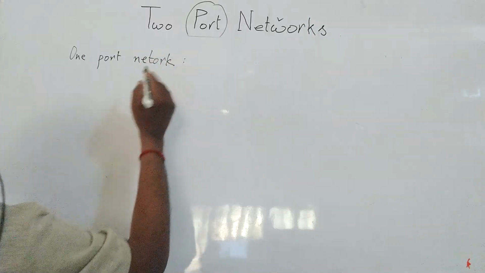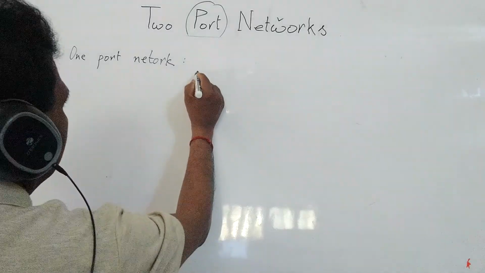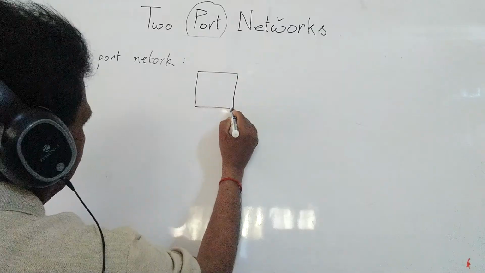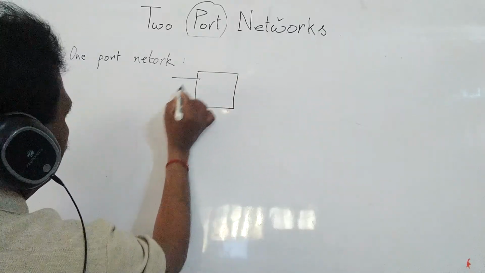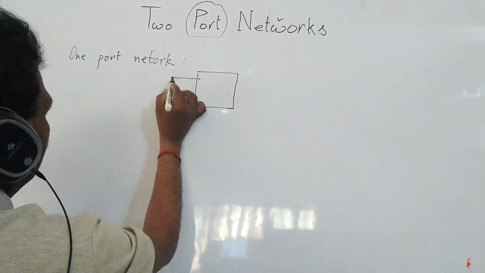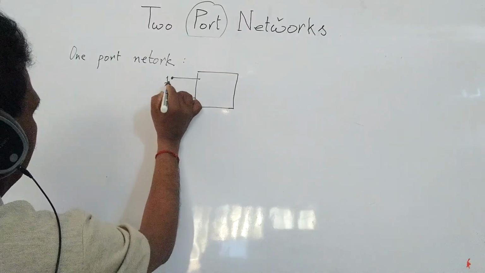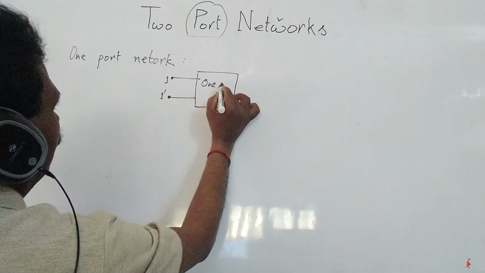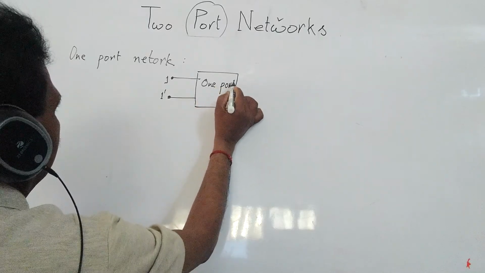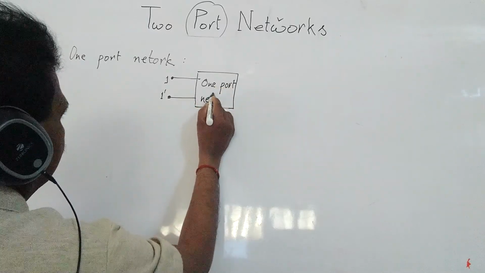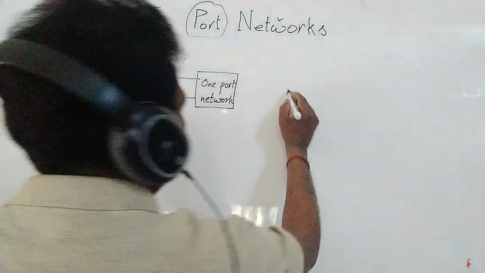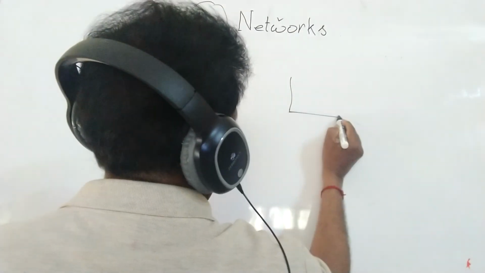One port networks are what? If we represent a rectangular box having two terminals or one pair of terminals, this is said to be a one port network. It can also be shown like this.